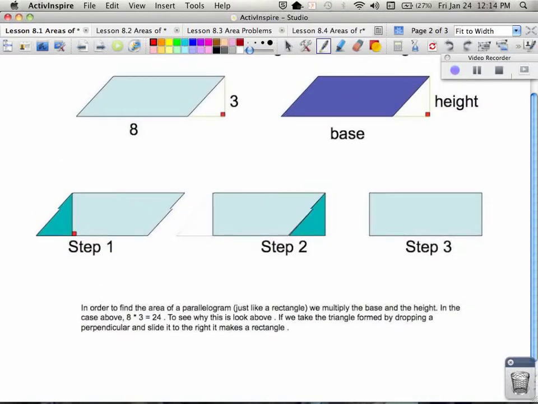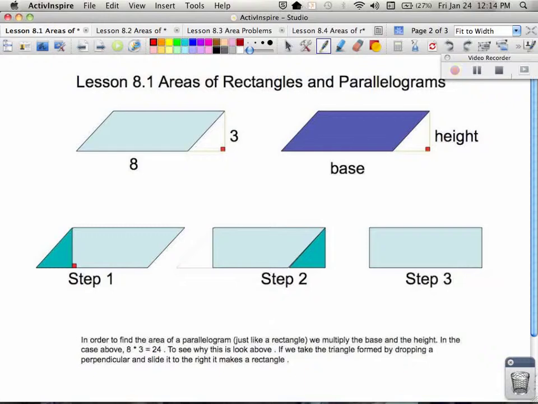Looking at parallelograms, what we notice is that parallelograms actually have the same exact formula. In order to find the area of a parallelogram, it's still base times height, just like a rectangle. And down below, we kind of see why that is.